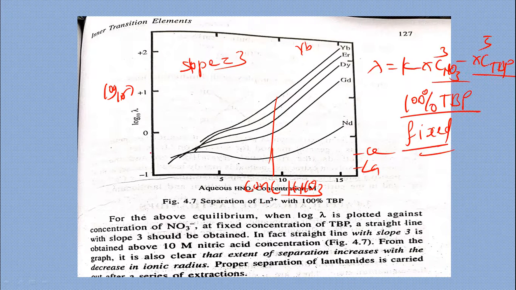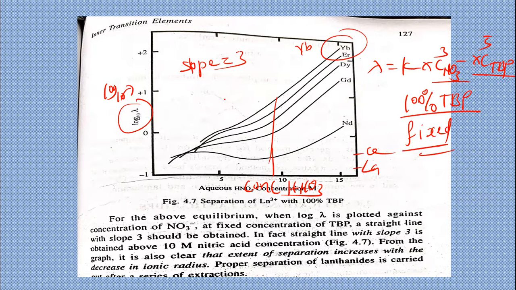So in this way, lanthanum ions are extracted from the aqueous phase into the organic phase, and their separation factor alpha value will be higher here. You can see the distribution coefficient value will be higher, which indicates that the separation factor alpha will be higher. So with the help of this solvent extraction method, the lanthanum ions are extracted from the aqueous phase into the organic phase.